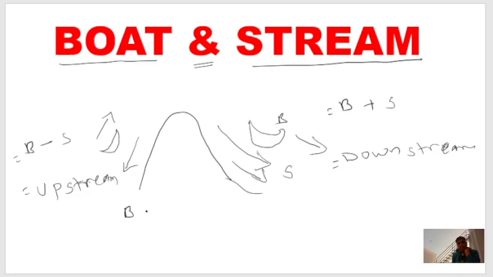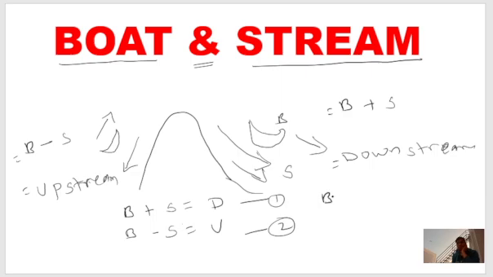From equations 1 and 2, if you simplify, and the downstream and upstream are given, you can find the boat speed or the speed of stream.